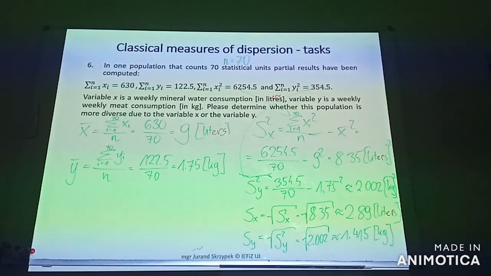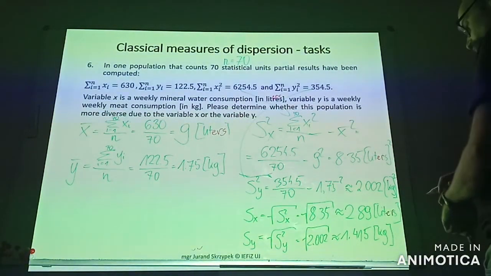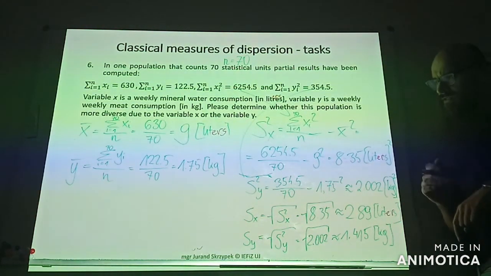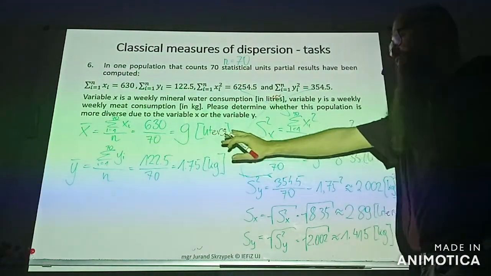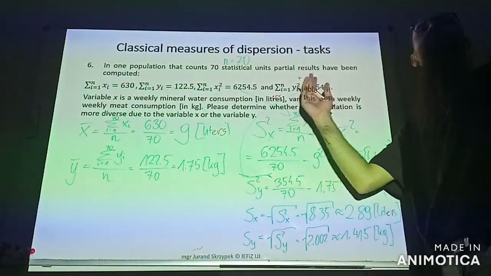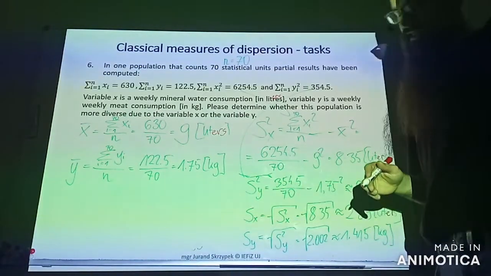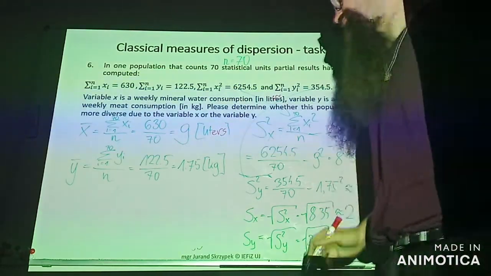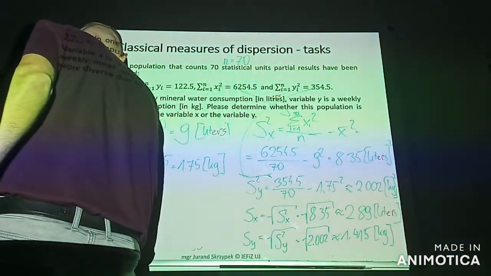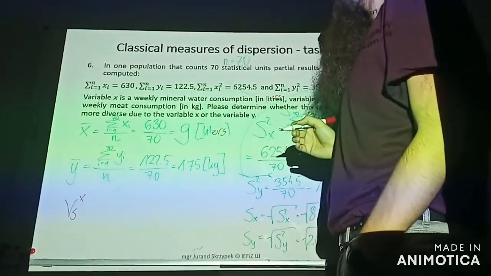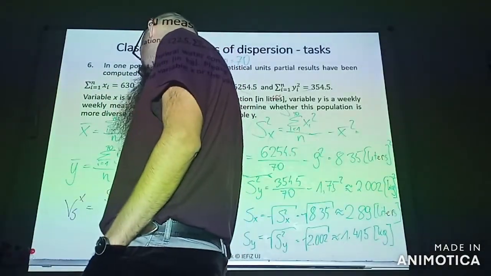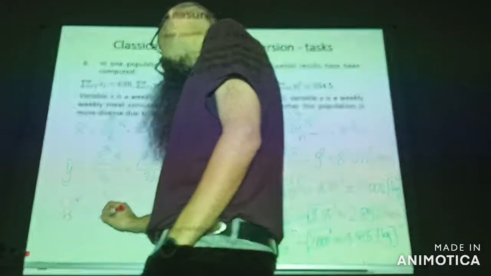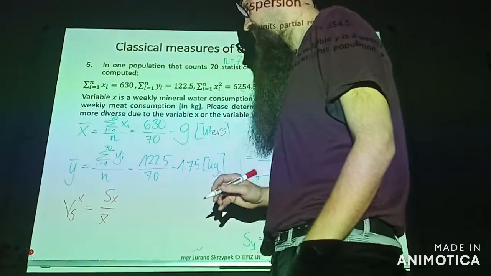In order to check it out, we should compute the relative measure of dispersion. Here we have the mean, the average value, and here we have the standard deviation, so we are going to use the coefficient of variation. For weekly mineral water consumption, it's the standard deviation divided by the average consumption.